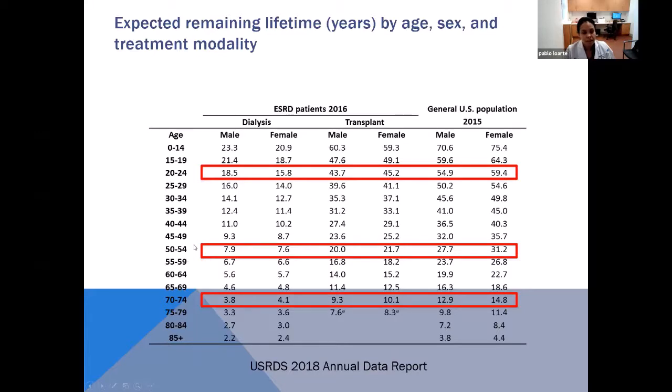If you look at somebody over the age of 50, they may survive around 8 years on dialysis, with a transplant they're expected to survive 20 years. And that benefit is also observed in the elderly population. If somebody's over the age of 70, they may survive somewhere between 3 to 4 years on dialysis, and with a transplant, they can survive 9 to 10 years. So transplant doubles the life expectancy of the patients throughout all age groups.